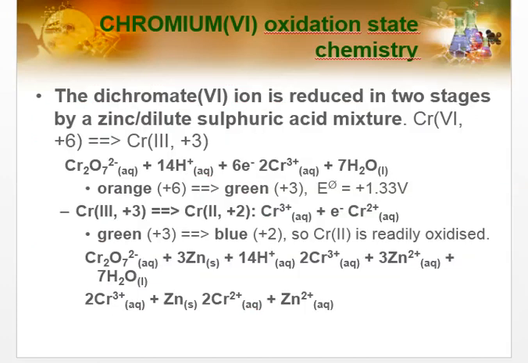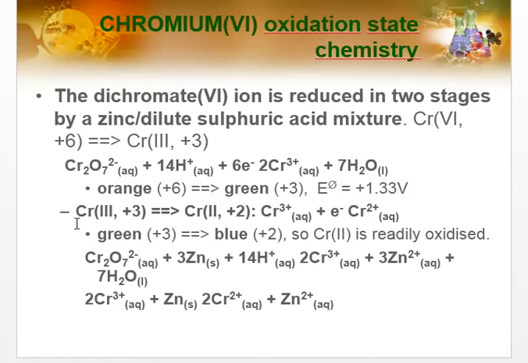The dichromate 6 ion is reduced in 2 stages by a zinc and dilute sulfuric acid mixture. Chromium plus 6 will go to chromium plus 3. By this reaction we can go from orange to a green solution of the chromium compound.